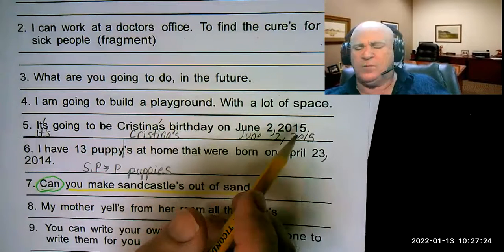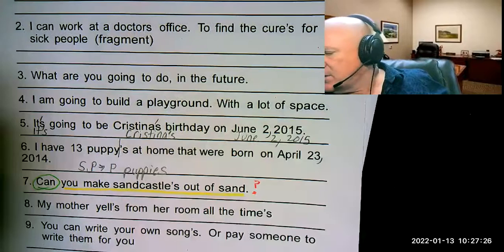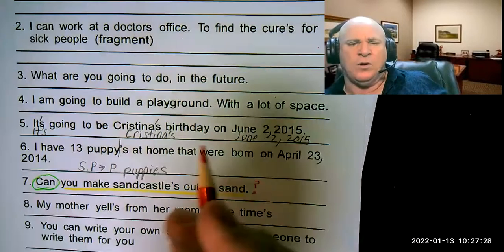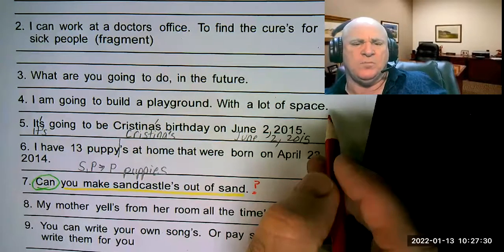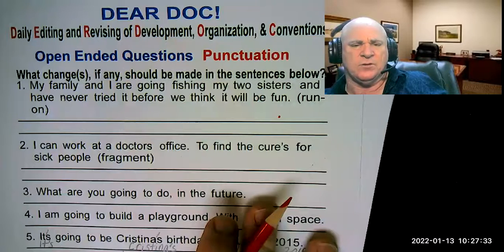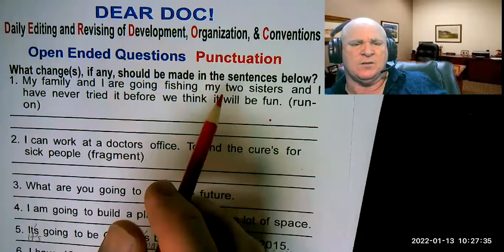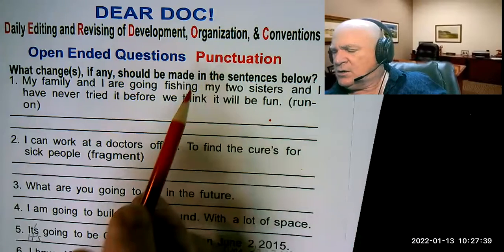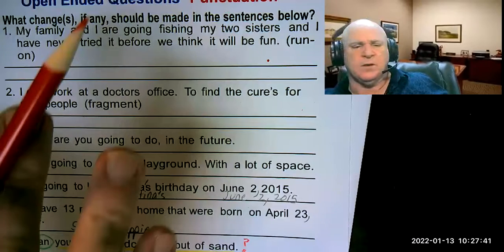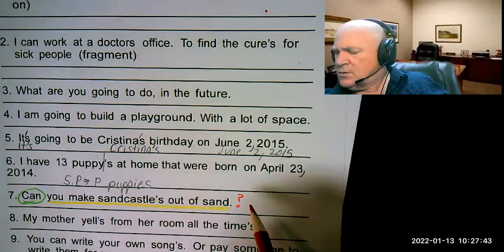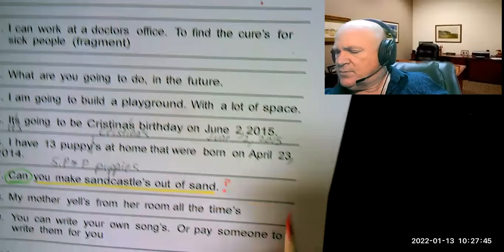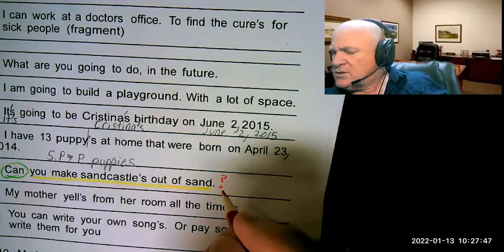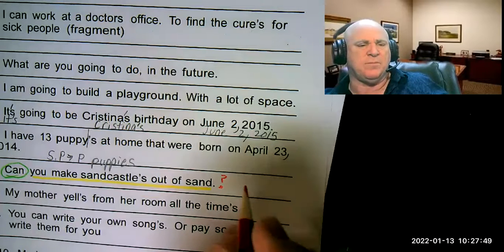So the only punctuation that's already there, and again, why is all this punctuation? Because you might want to practice just one skill with your kids so that you can maybe give a quick grade on punctuation when you need one. So let's circle that period in red because we're stopping.